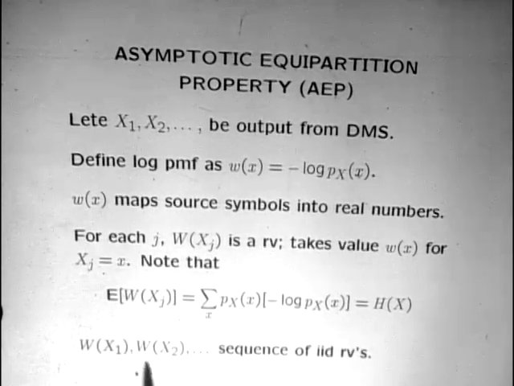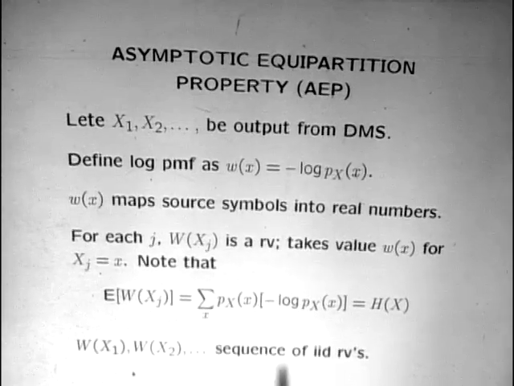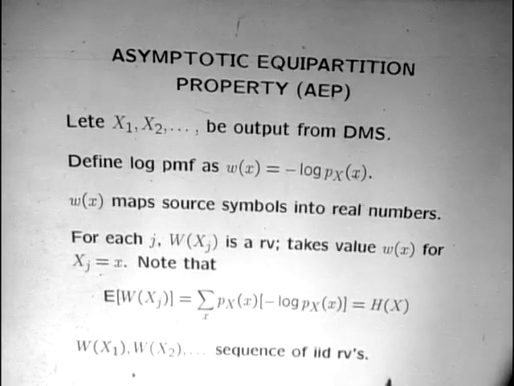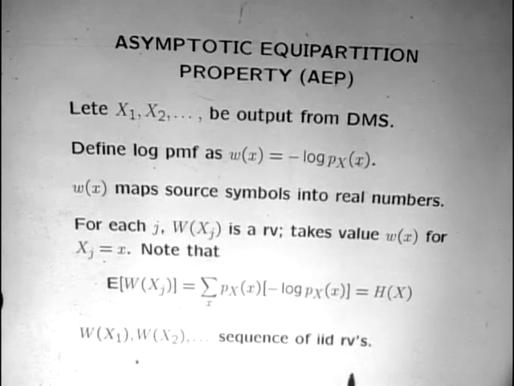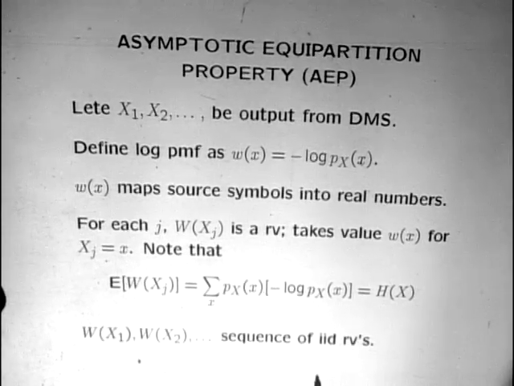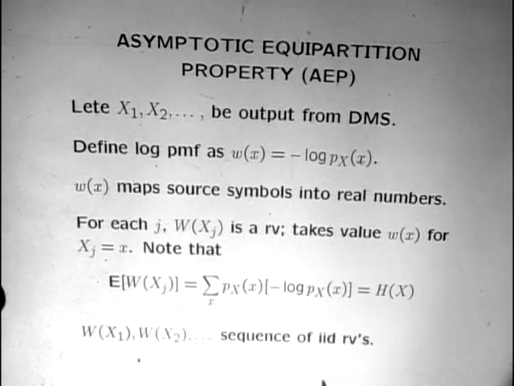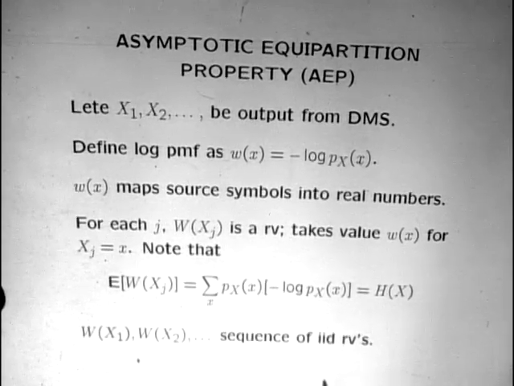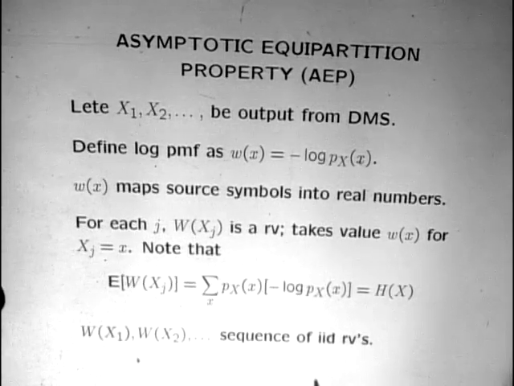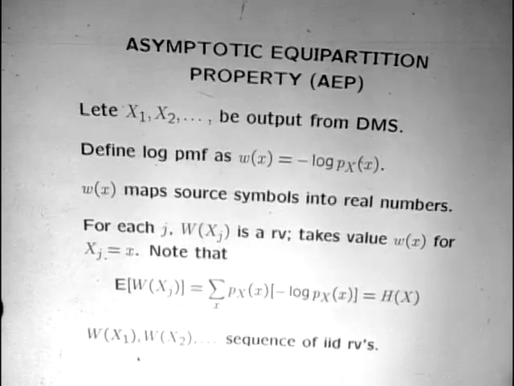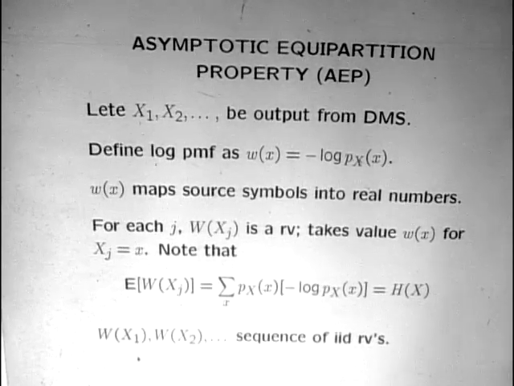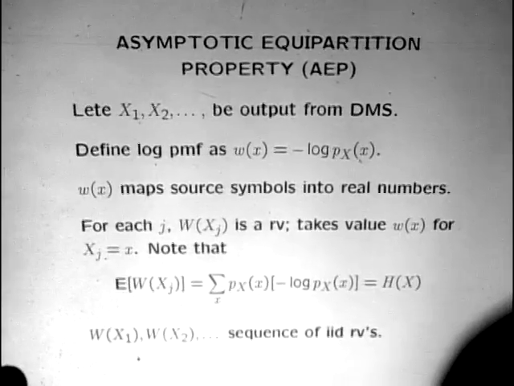And w of x1, w of x2, and so forth are a sequence of IID random variables, each one of which has a mean, which is the entropy. So it's just exactly the situation we had before. Instead of y bar, we have the entropy of x, and instead of the random variable y sub j, we have this random variable w of x sub j, which is defined by the symbol in an alphabet.